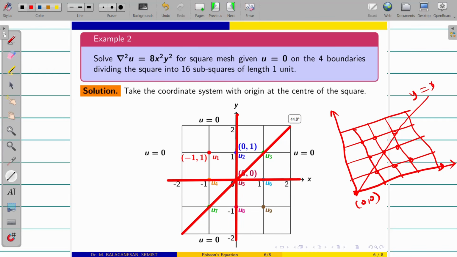Three advantages are here, so we can minimize the points. Instead of finding 9 values, it is enough to find only a few values.